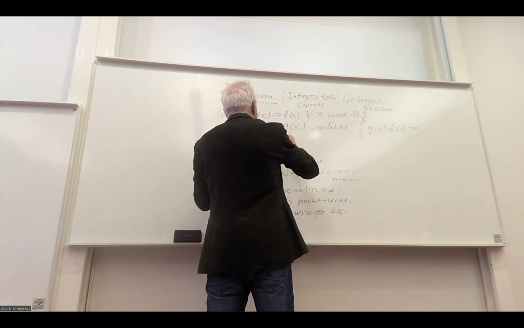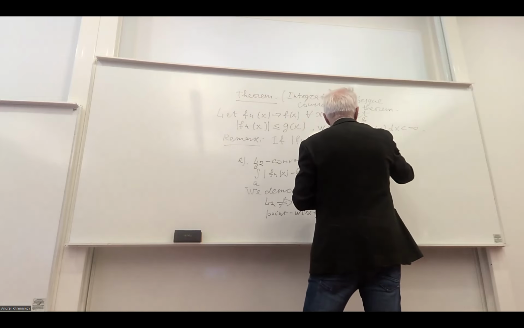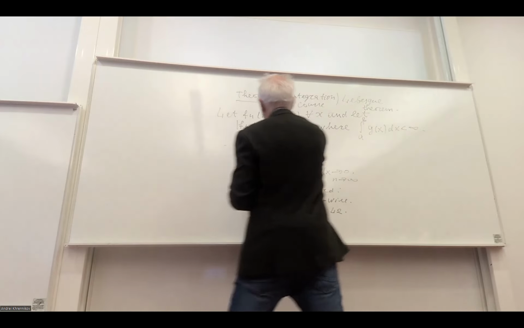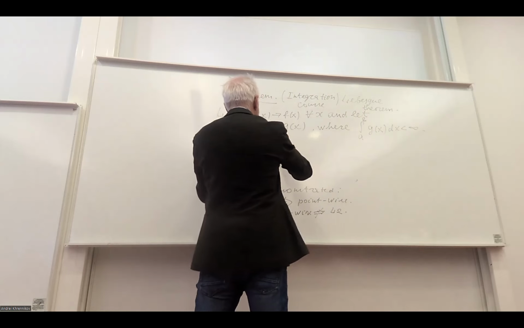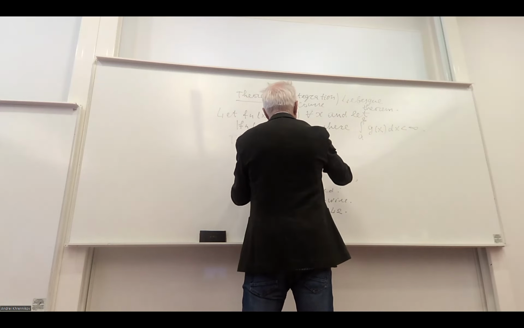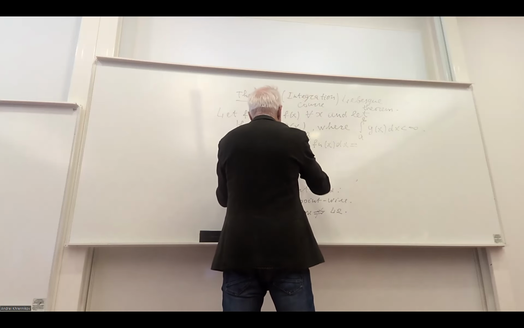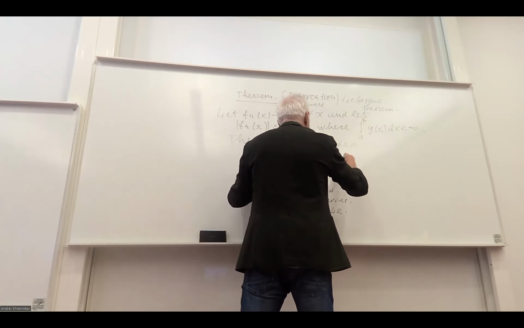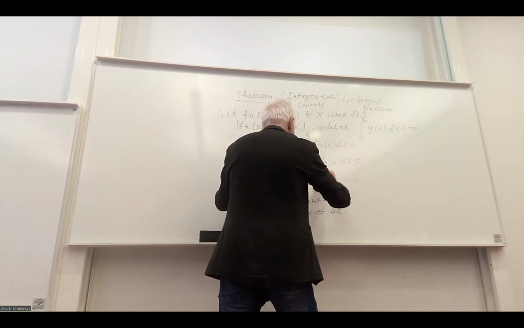So if |f_n(x)| is less than or equal to a constant, then we can change the integral and the limit. The limit as n goes to infinity of the integral from a to b of f_n(x) dx is equal to the integral from a to b of f(x) dx.